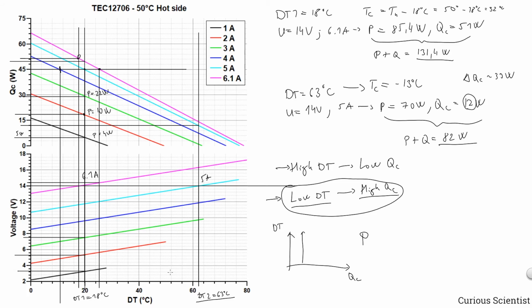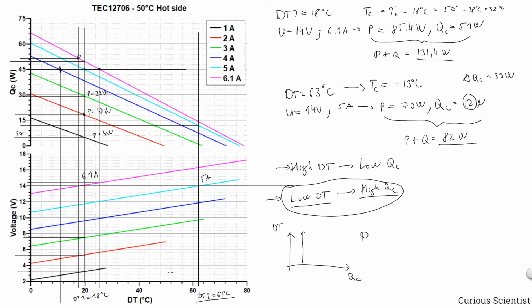And I hope that you learned something, and now you can read and understand the charts, and most importantly you can accept the fact that you cannot really cool with the Peltier units as efficiently as with other types of coolers. So for example, the compressor based coolers. You can immediately see on the charts, and you cannot change the charts because these are their physical properties or physical performances. So you cannot really do anything else that is limited by the charts shown on the picture.